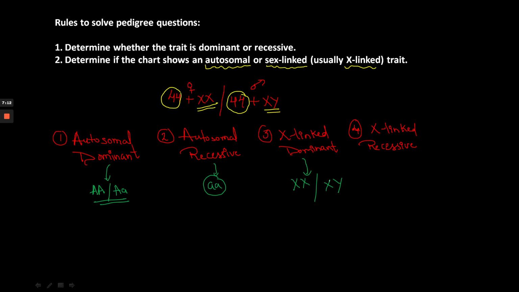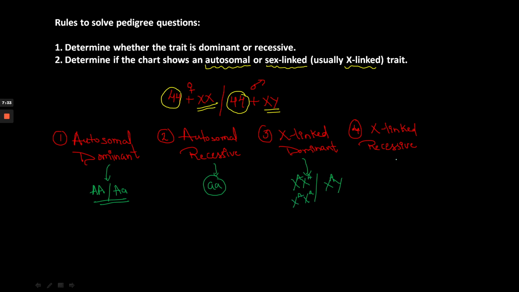So in the case of male, since only one X is present, and the disorder we are talking about is dominant, the defective allele will be present in the dominant condition in the X chromosome, while in the case of female, it can be in homozygous or heterozygous condition.